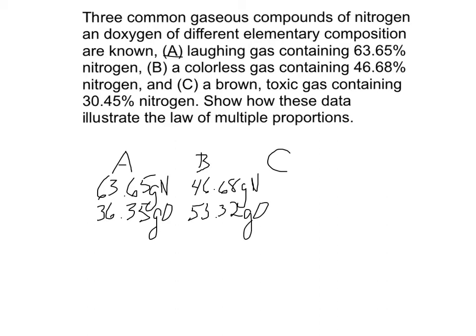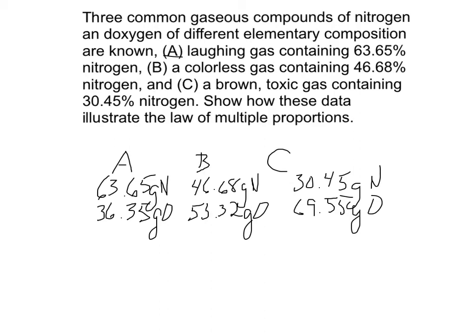And then lastly, in C, 30.45 grams of nitrogen, with the remaining being oxygen. That would come out to be 69.55 grams of oxygen. So now what we can do is solve in terms of oxygen.